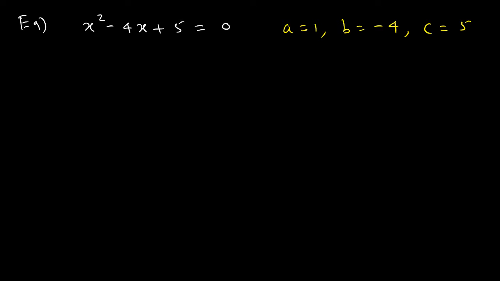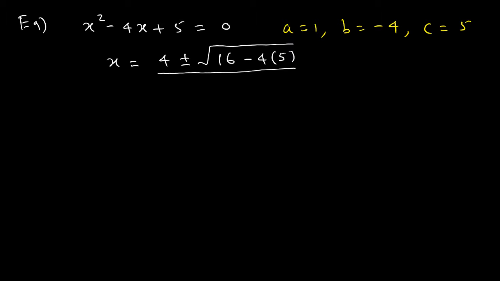So let's plug into the equation. So it is x equals negative b, that means 4, plus or minus b squared, that means 16, minus 4ac, so it is 4 times 5, square root over 2a, that means 2.